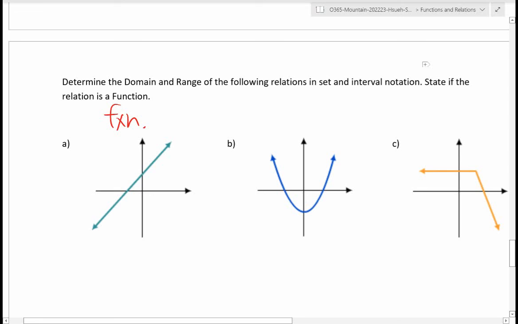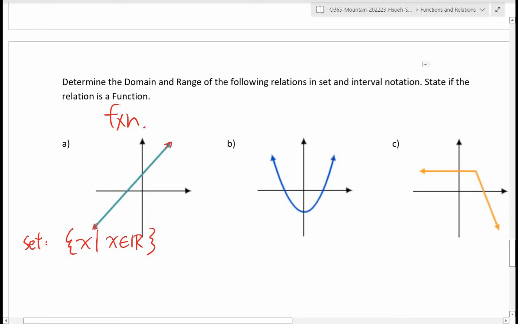Now let me do the set notation first. This one is a set of x values such that x is an element of all real numbers, and that's it. The arrowhead suggests that the graph keeps going to the left, there's no end, there's no smallest x value, and the graph keeps going to the right, and there's no biggest x value, and therefore x could just be anything.